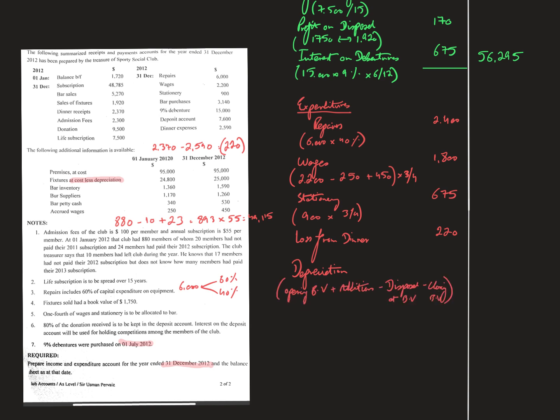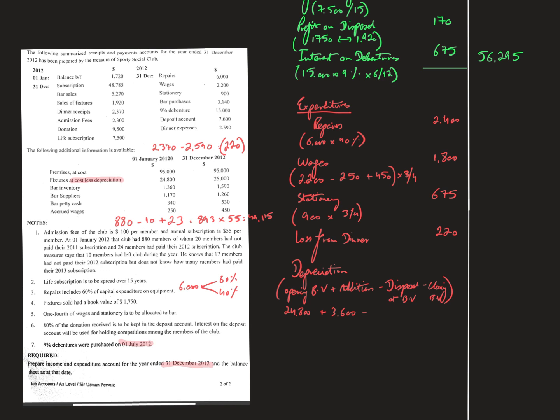What is the opening book value of fixtures? 24,800. Did I purchase any? Yes, I did. How do I get to know that? I had a capital expenditure on equipment, which is 3,600.